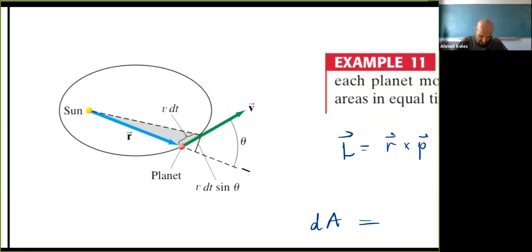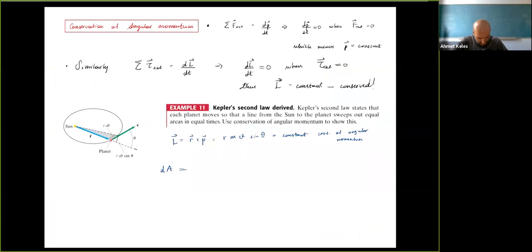And the height is v dt times sine theta. So this is going to be 1/2 r v times dt times sine theta. From this, I already see dA dt is equal to 1/2 r v sine theta.